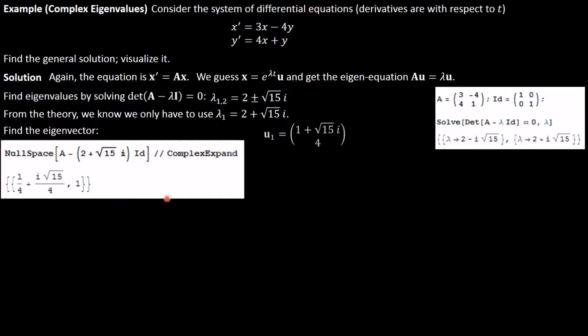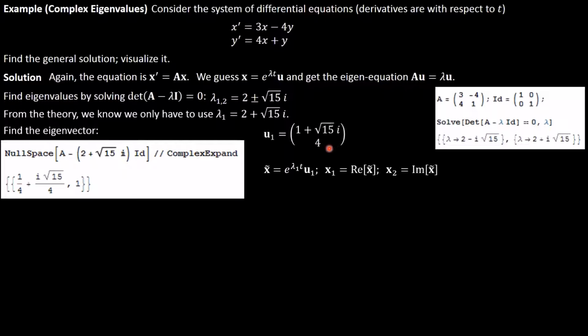Here it is. And now we can get a complex solution, which I denoted x tilde, found by taking e to the lambda 1 t times our eigenvector.